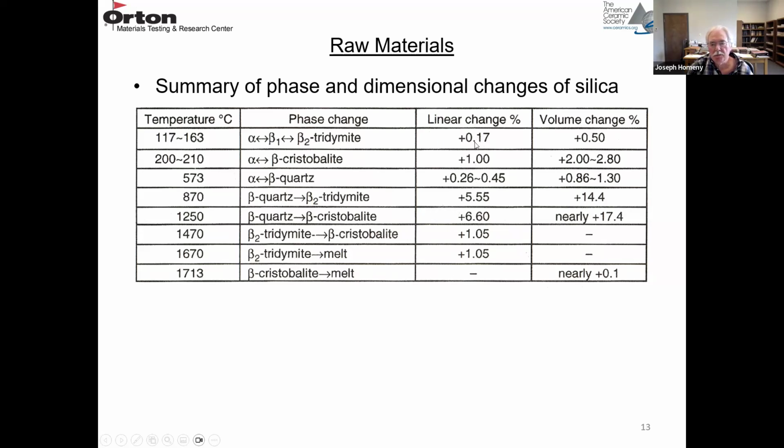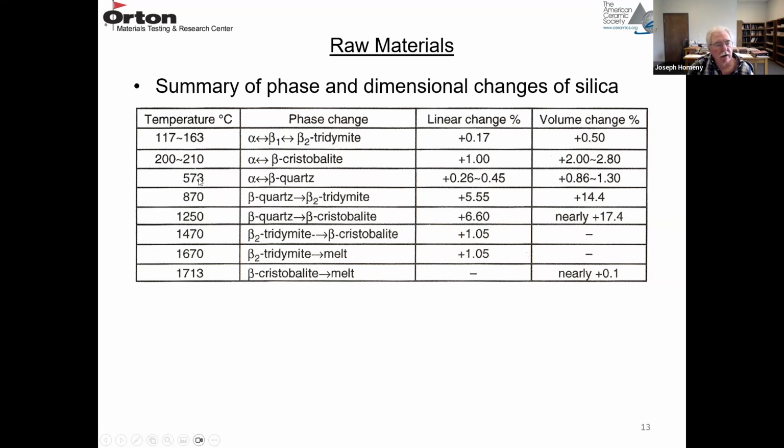The linear change is 0.17%, and the volume change is about 0.5%. In this temperature range, 200 to 210 degrees C, you go from alpha to beta cristobalite. The linear change is 1%, and the volume change is about 2 to 2.8%.